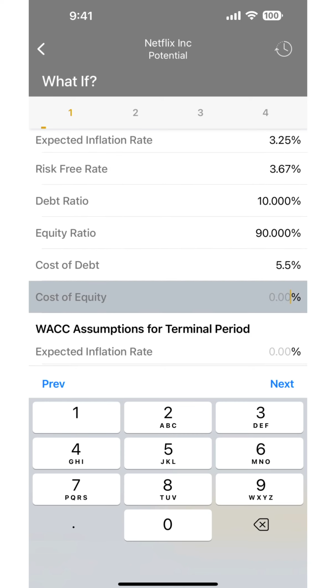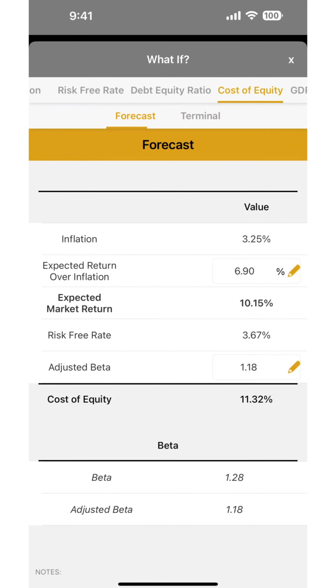Enter the cost of equity during the forecast period. Users need to refer to the history icon to view computation under capital asset pricing model. Here, you can iterate the expected market return and beta and compute the cost of equity based on your assumptions and enter the cost of equity in the What If Drivers screen.